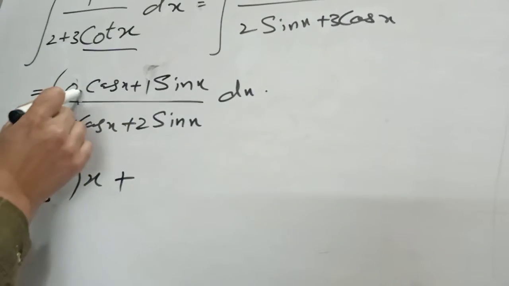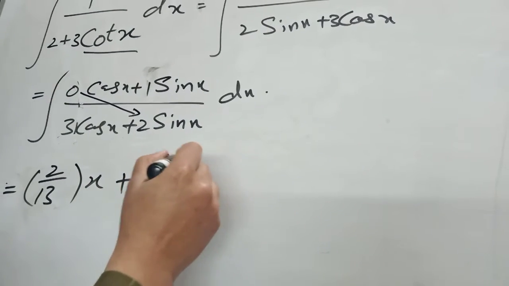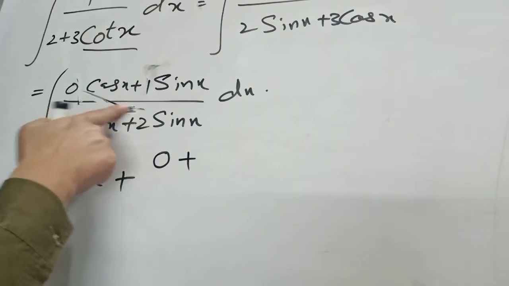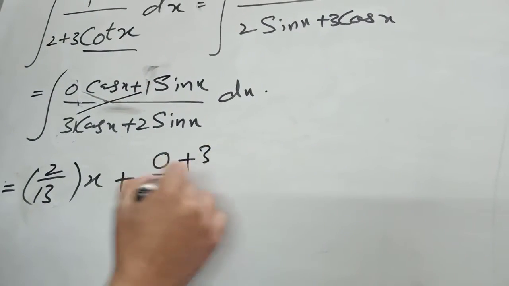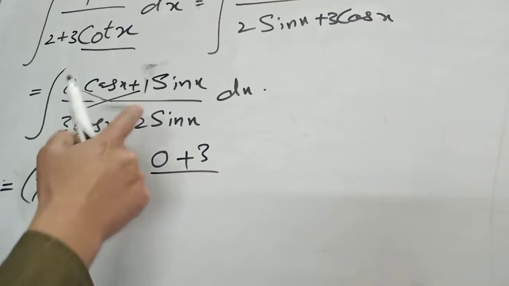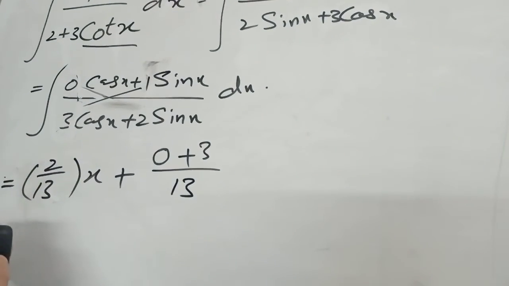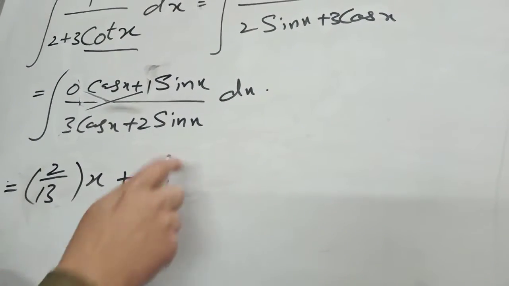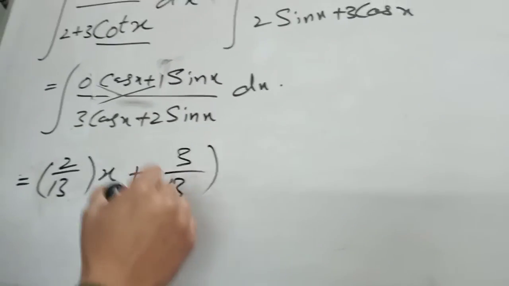We multiply these two, it will give you 0, minus the product of these two, it will give you 3, divided by 3 square plus 2 square, which is 13. Change this to minus 3 by 13 for simplicity, because 0 is not variable.